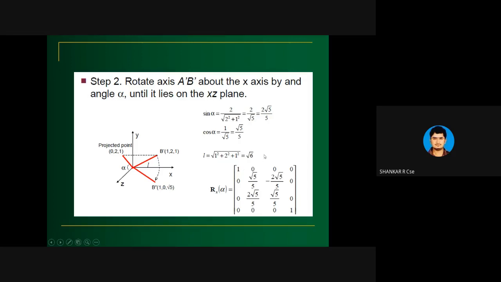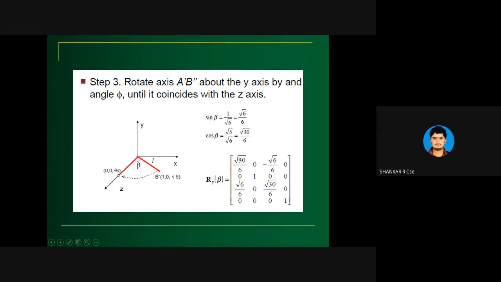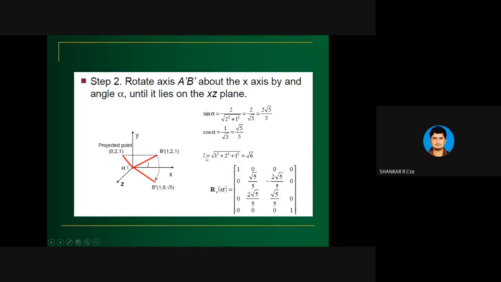You can skip this mathematics in step 2a. So in Rx of alpha, we had this formula: 1, 0, 0, 0; 0, cos alpha, minus sine alpha, 0; 0, sine alpha, cos alpha, 0; 0, 0, 0, 1. We got the sine alpha, cos alpha values, substitute here.